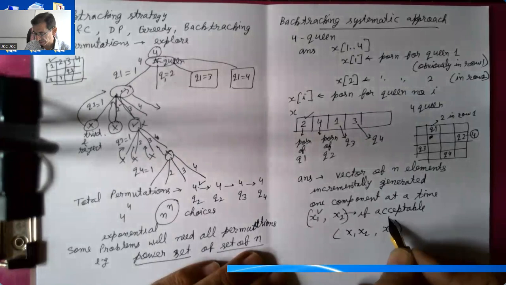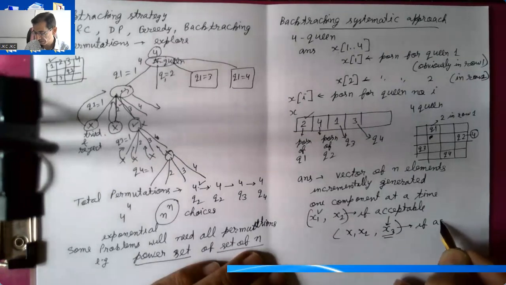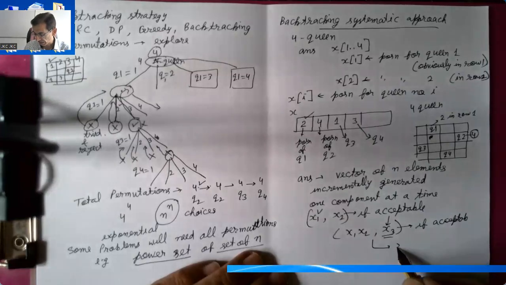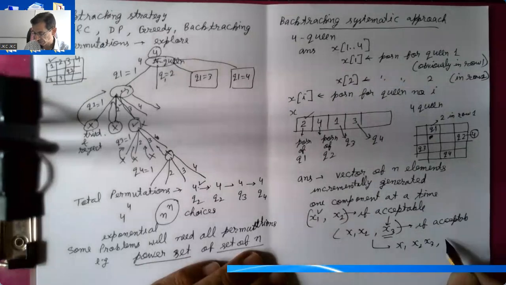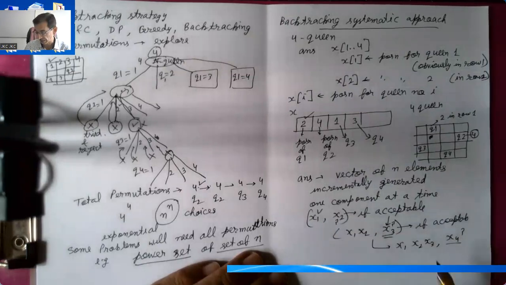Give another increment, generate x3. If acceptable, then again increment and generate x4. So every time I will increment one new value and explore. If not acceptable, it means backtrack.